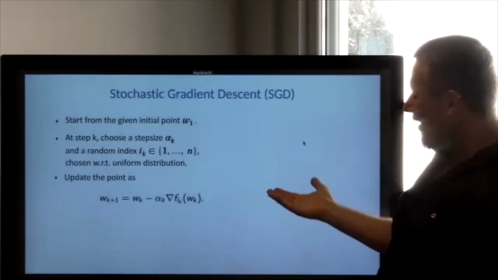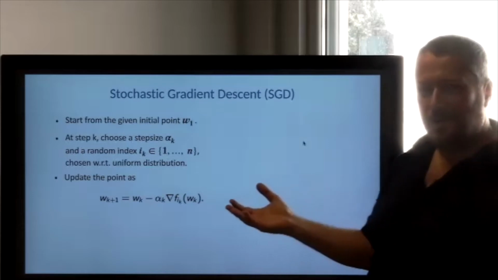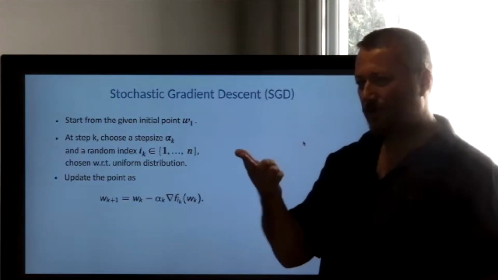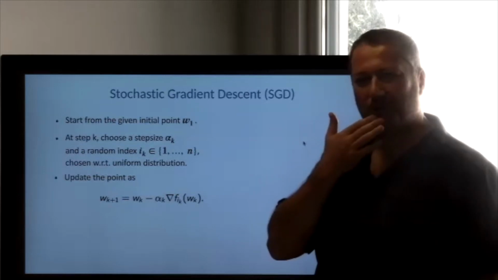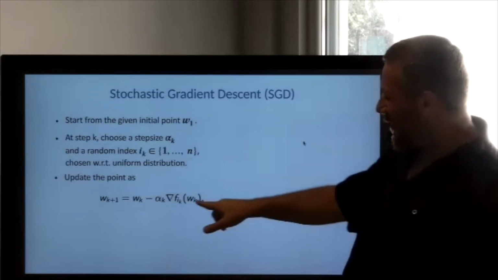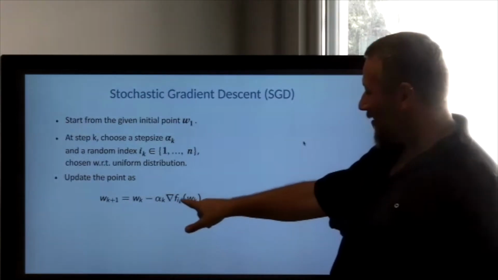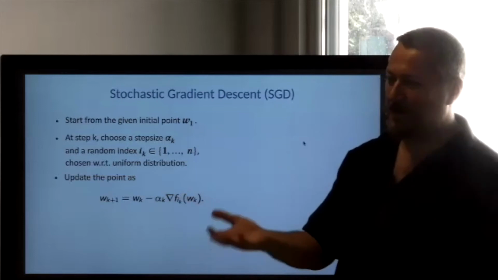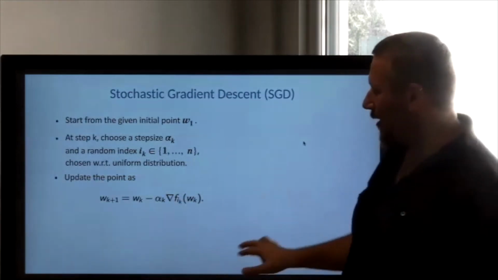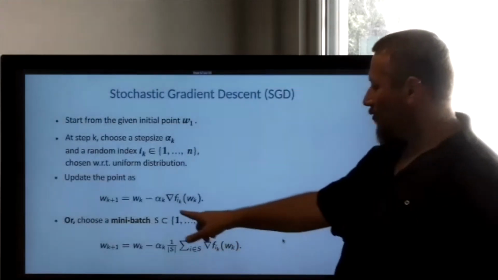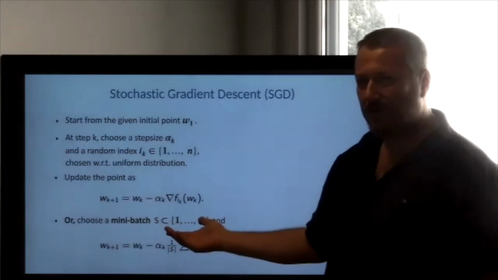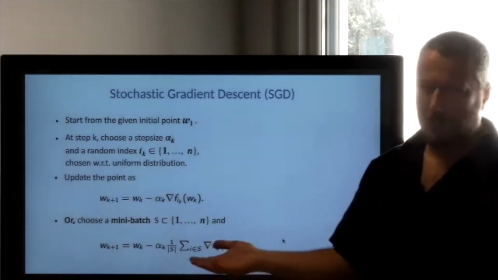And you may say, okay, this is crazy, because we are using just one of those millions of functions to move, but it works. And since this is sometimes a very bad approximation for the real value of the gradient, sometimes you want to make it a little bit better, so instead of choosing only one data point, you choose maybe 100 or 200 of them, if you want more.